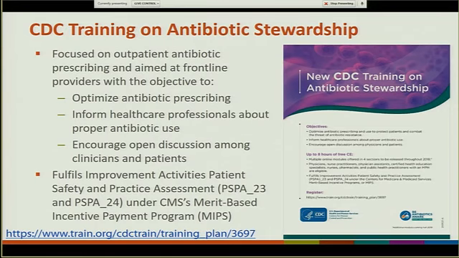So this is a great resource for complementary CE for a variety of healthcare professionals if you want to learn more about stewardship, or potentially getting your other colleagues involved, as well as trainees.